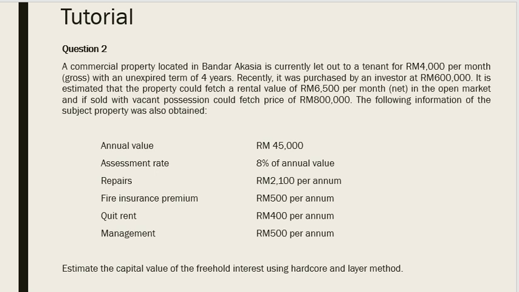Once you've done question number one, you will also have to answer question number two. This question is a bit straightforward. I think we have learned previously in our previous video how to value the freehold interest using term and reversion. However, now instead of using term and reversion, please proceed with this question using the hardcore and layer method.